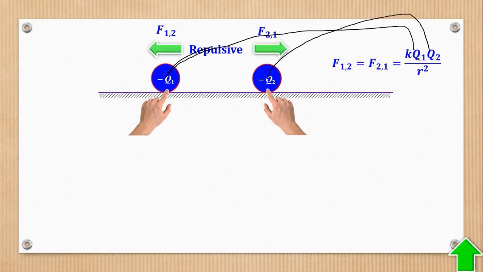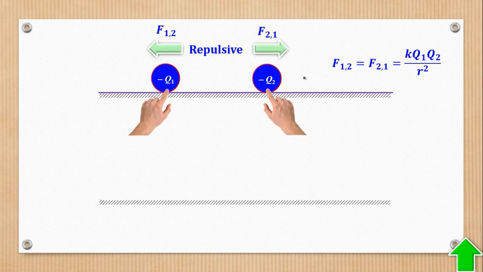Because in Coulomb's law we use the magnitude of charges. Magnitude means what is negative becomes positive. So always remember that this is used to get the magnitude. Then after getting the magnitude, you have to use the law of electrostatics to get the direction.